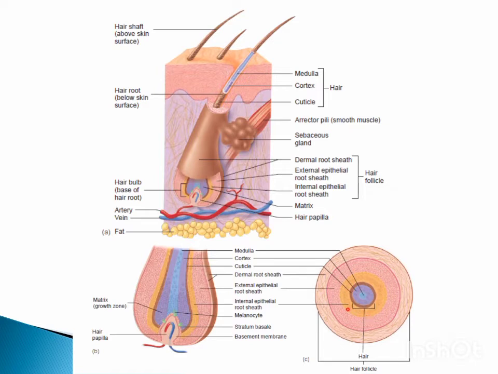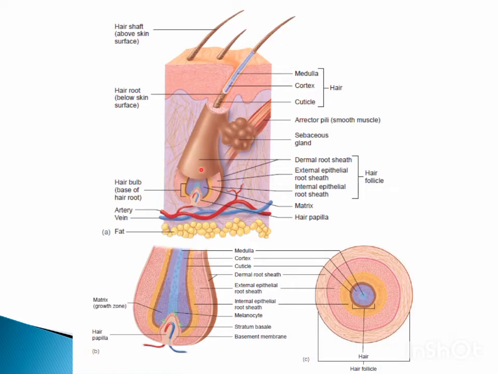They give rise to new cells that get keratinized and die, and they add to the length of the hair. So hair grows slowly by adding cells at the base, in the root where there is a hair bulb. The hair grows in two stages, a growth stage and a resting stage.